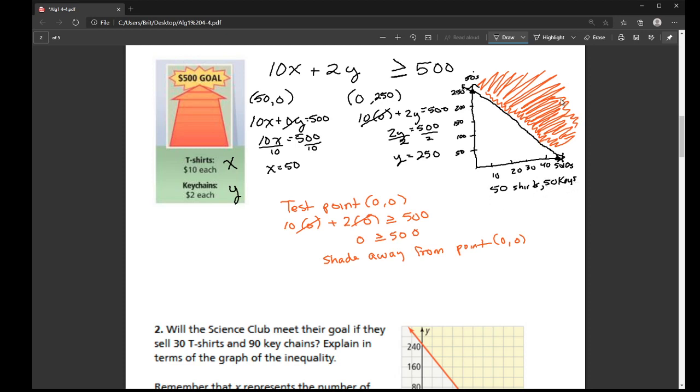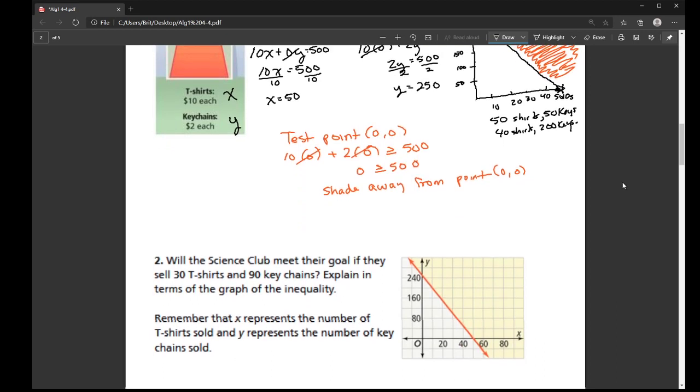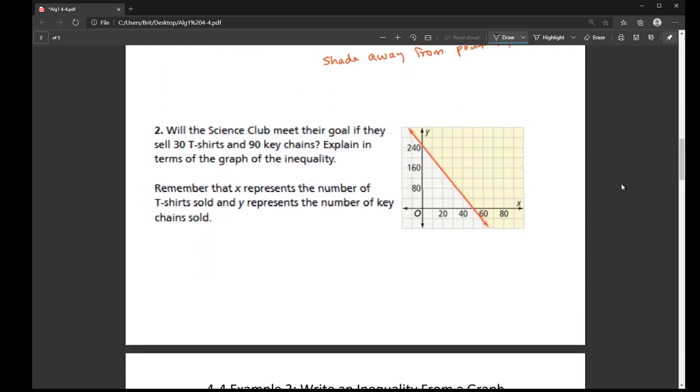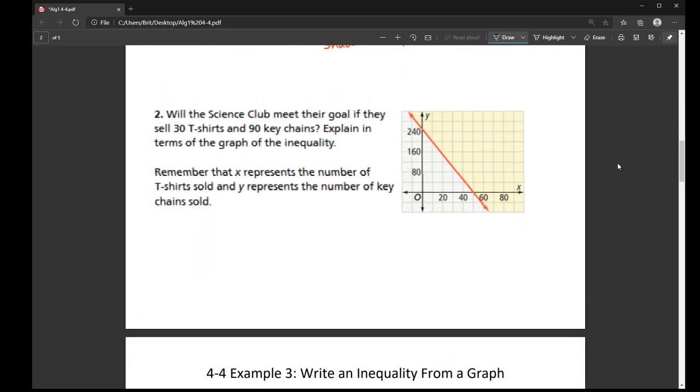They could do 40 shirts and, I don't know, 200 keychains. See what I'm saying? There's a lot of different points. They could choose anything that would be above that line, and they would meet their budget. Or, sorry, beat their goal.